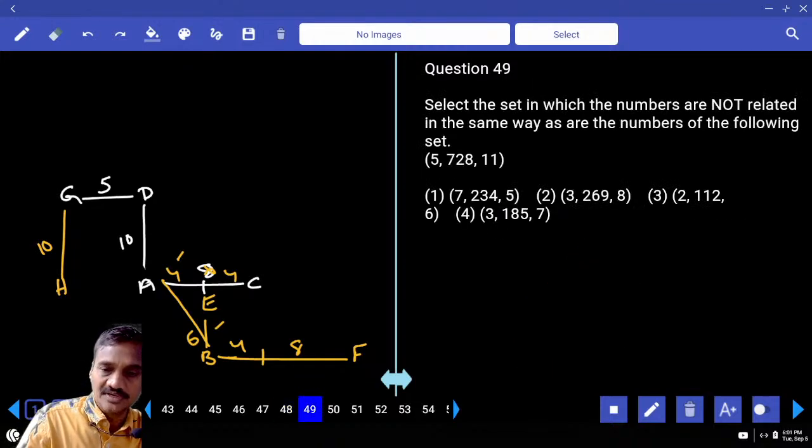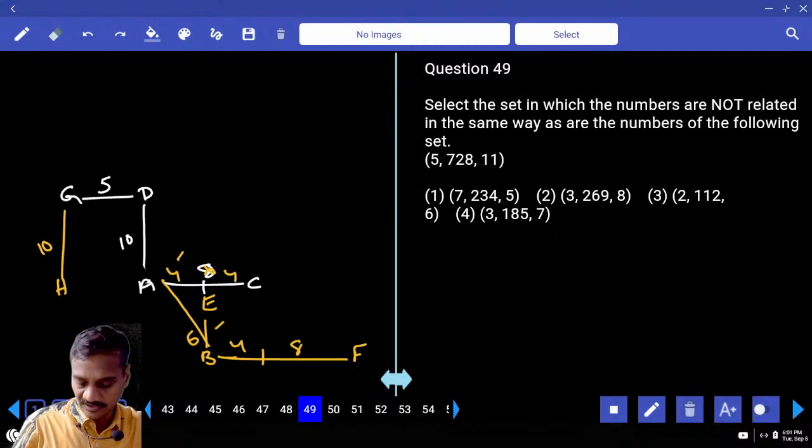Then the next one, the 49th one. Now in this question number 49, we need to find out the odd one.